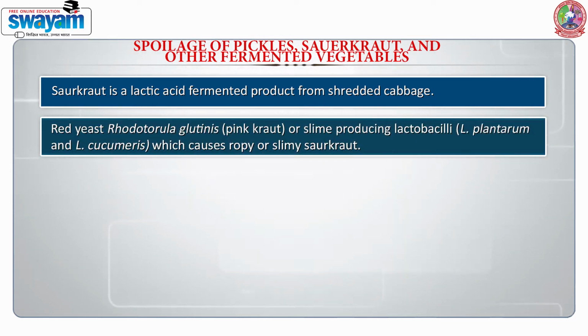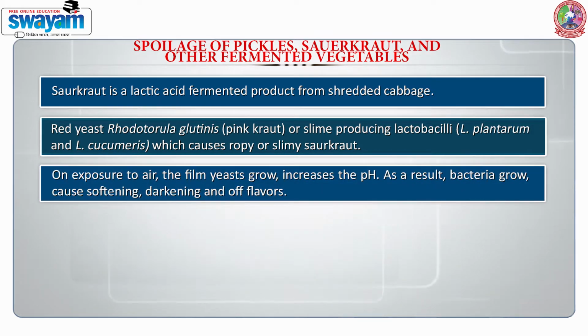Red yeast Rhodotorula is responsible for the spoilage. There are other organisms as well, such as slime producing lactobacilli. Some examples are Lactobacillus plantarum and Lactobacillus cucumeris. These organisms cause ropey or slimy sauerkraut.